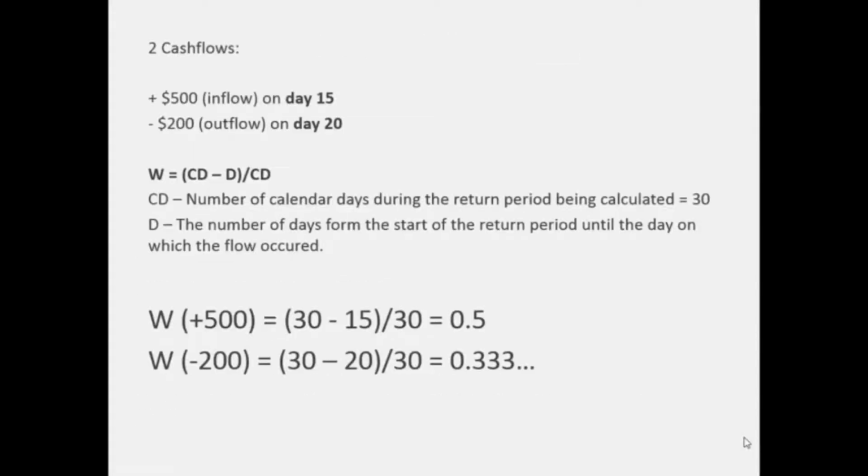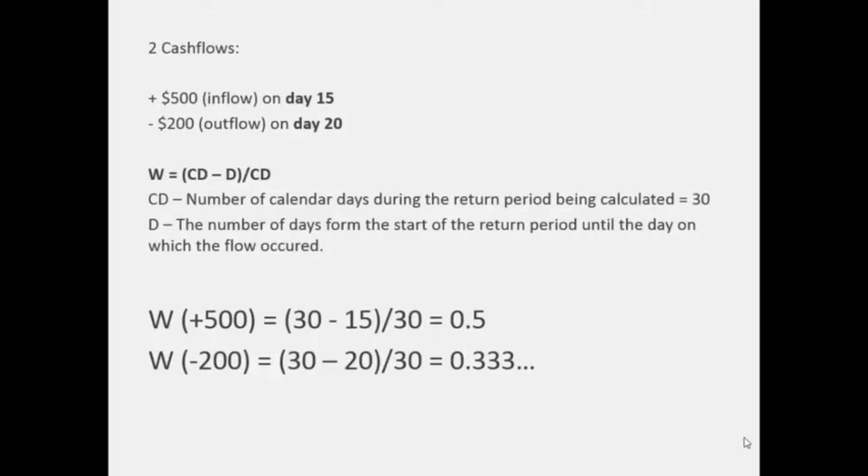Okay, so basically you have two cash flows. The plus 500, which was an inflow, and the minus 200 on day 20. So how we calculate the weight is the following. We use the CD, which is the number of calendar days during the return period being calculated. Let's use 30, a month in this case, minus the D, which is the number of days from the start of the return period until the day on which the flow occurred.